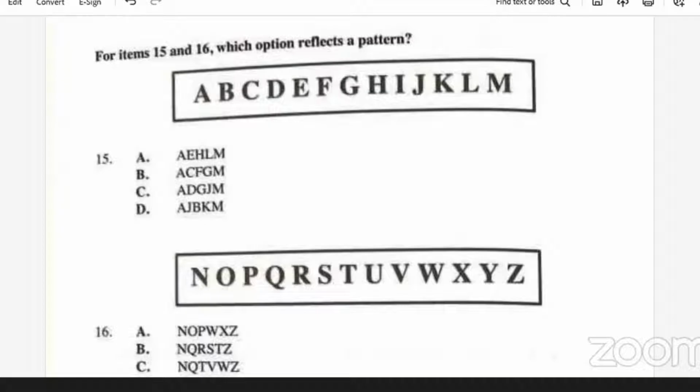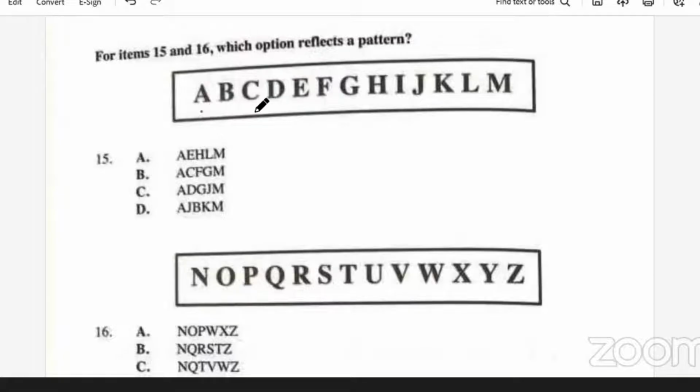All right, for items 15 and 16, which option reflects a pattern? Will it be A, E, H, L, M? We have A, then E, then H, L, M. I don't see a pattern there. We can do the same thing with all of them.